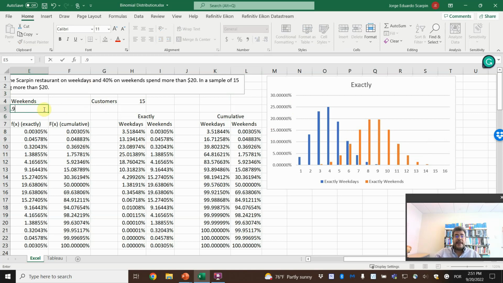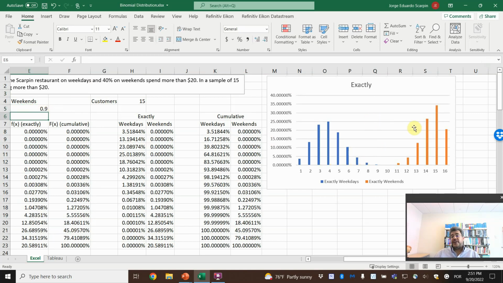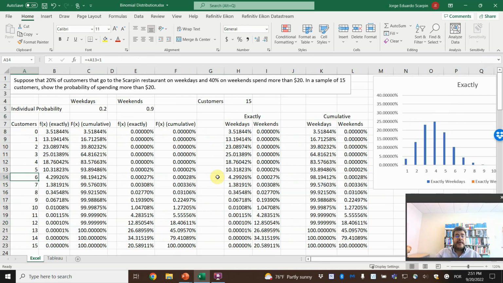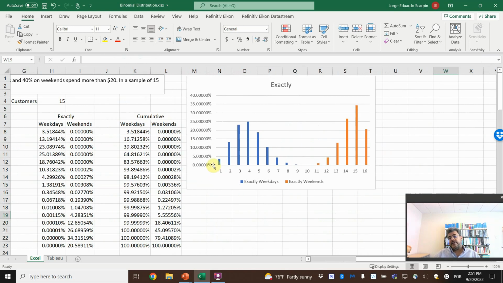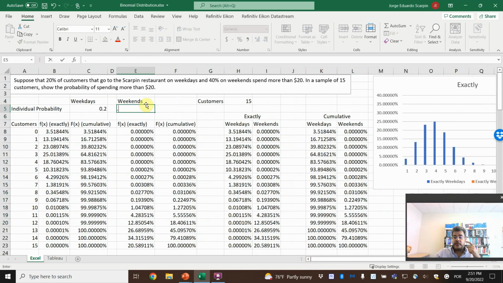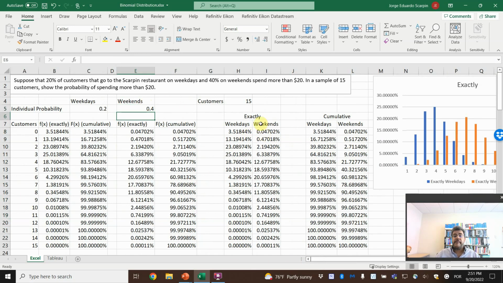If it is 0.9, positively skewed because, wow, that is 99% or 98% that at least 6 customers will be purchasing, and so on. So it goes very to the left. But let's go back to our original numbers.